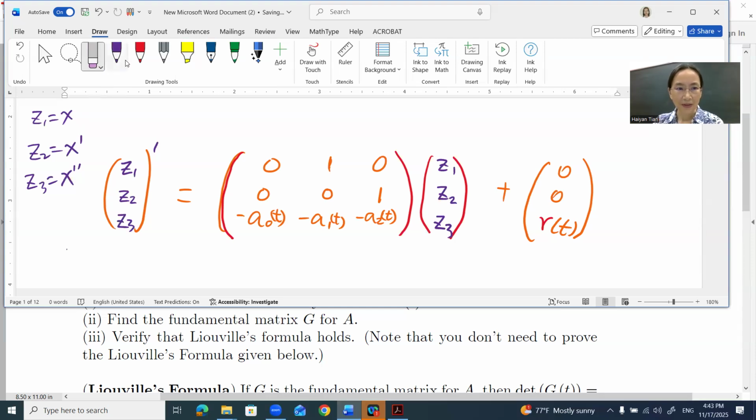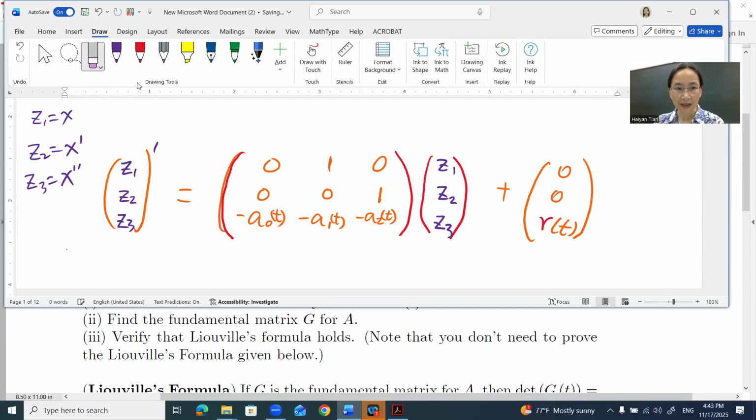So in our new system, we have three unknowns. That means not only x is to be solved as an unknown component, which is z1 now, but also z2 and z3 are unknown components.